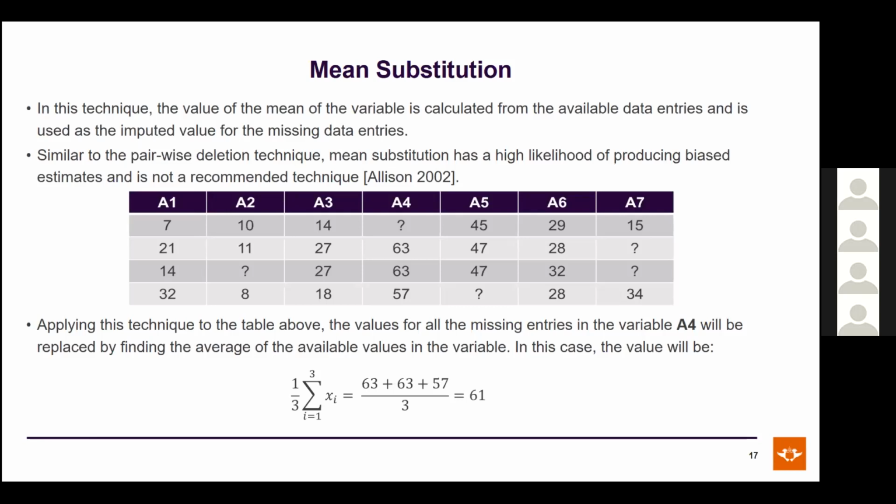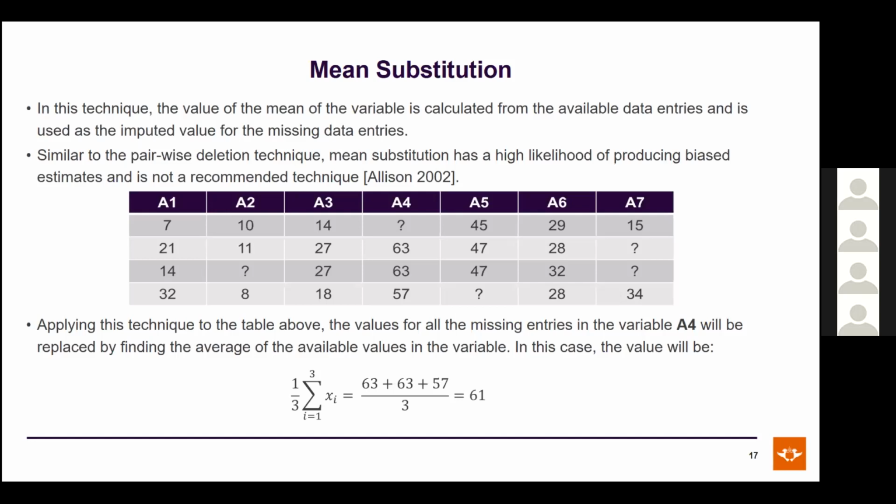So 63, 63, and 57. We could ask ourselves, is that enough? It might actually work better than listwise and pairwise data deletion, but still we ask ourselves, is actually doing that enough?